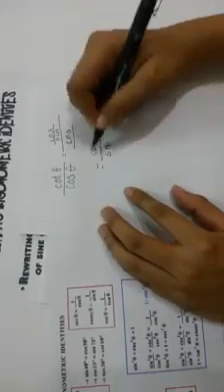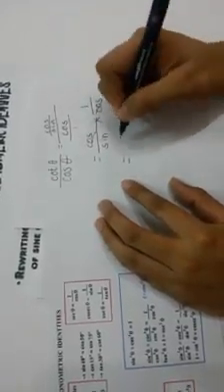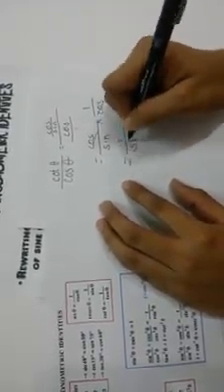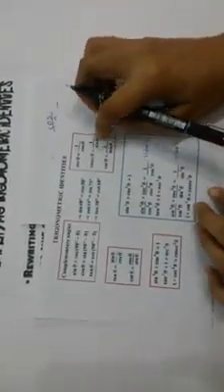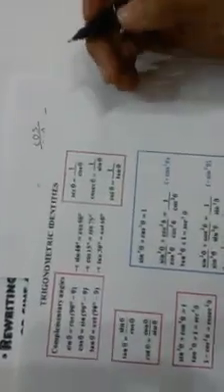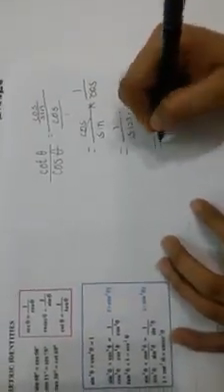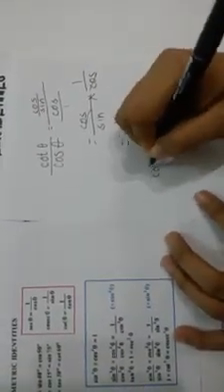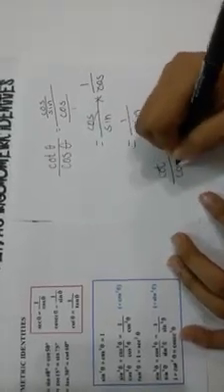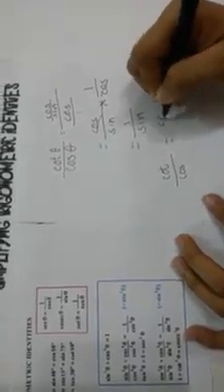Cancel out cosine and it will leave you to 1 over sine. Look at the table again and 1 over sine is equal to cosecant. So, the simplest form of cotangent over cosine is cosecant.